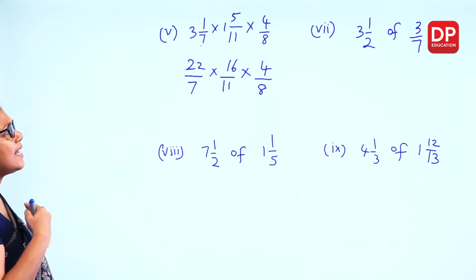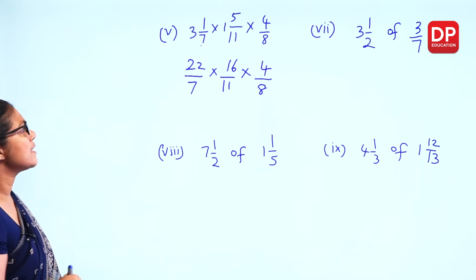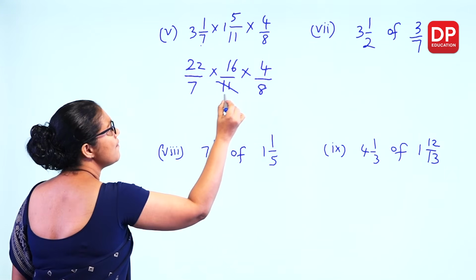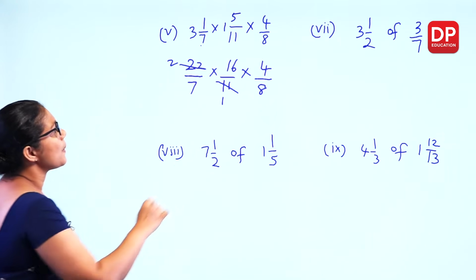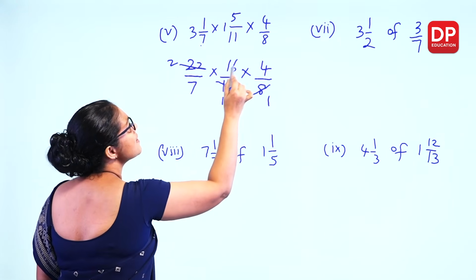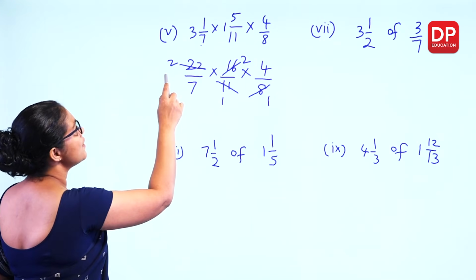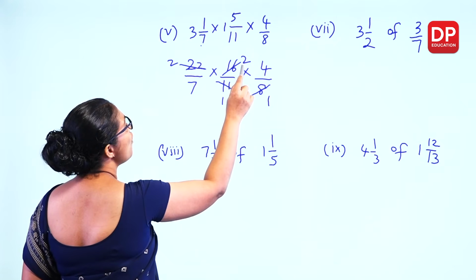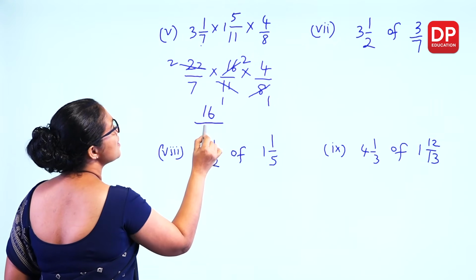And now see common factors to both numerator and the denominator. I can see 11 with 22. 8 with 16. 8 times 2. So multiply the numerator. 2 times 2, 4. 4 times 4, 16. 7 times 1, 7.